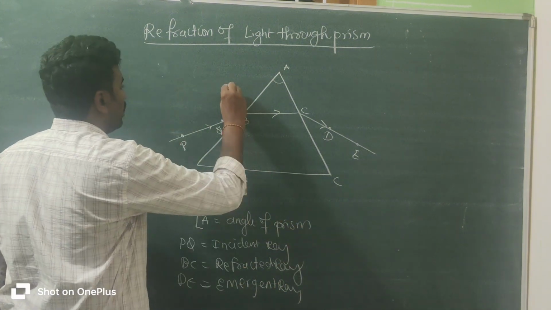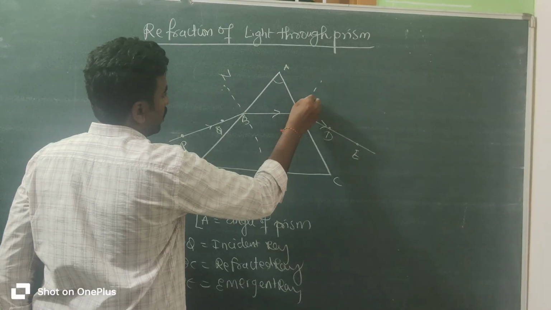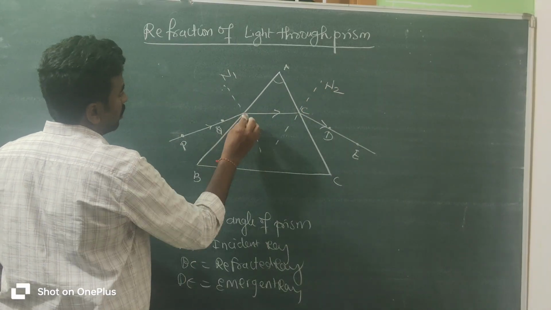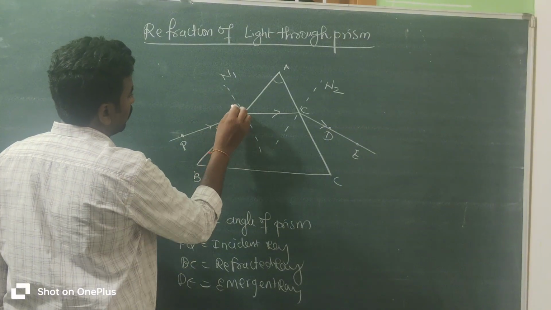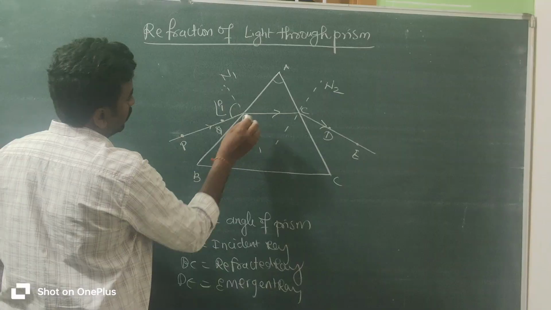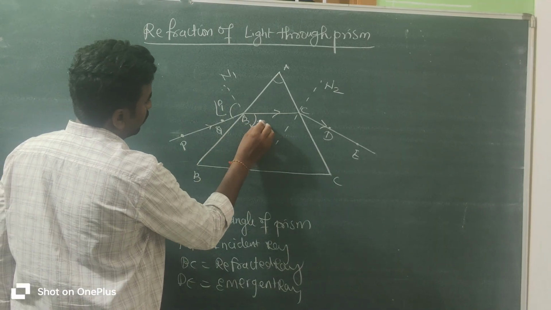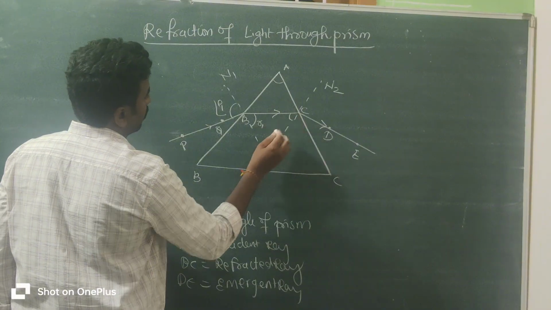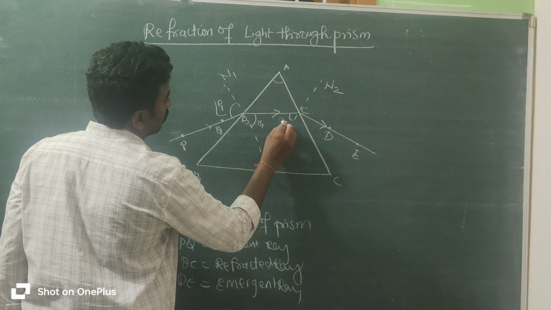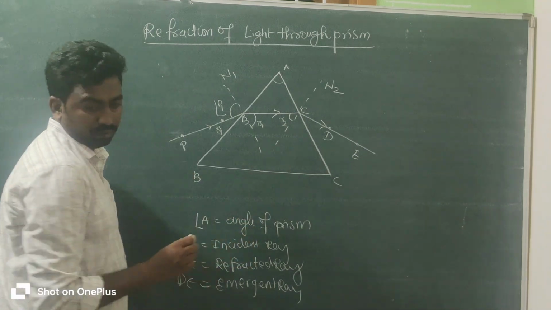Let us draw the normal here. So this is a normal, and draw another line, a second normal too. The angle between the incident ray and the normal is called the angle of incidence, and the angle between the refracted ray and the normal is R1, here R2.